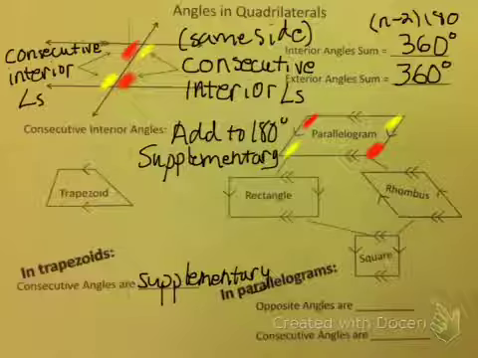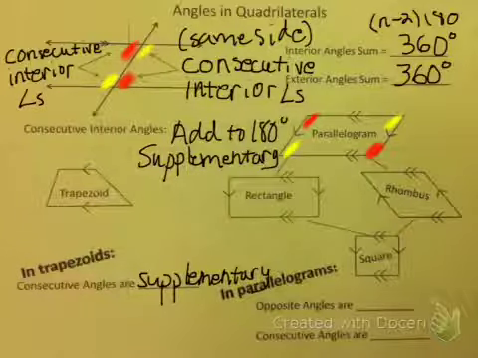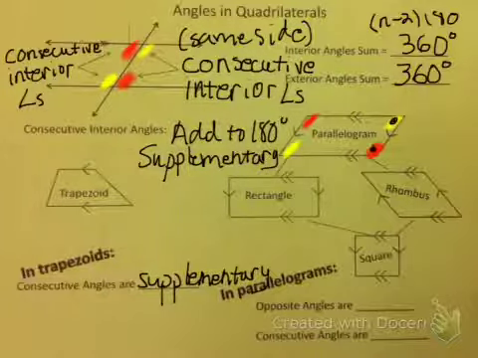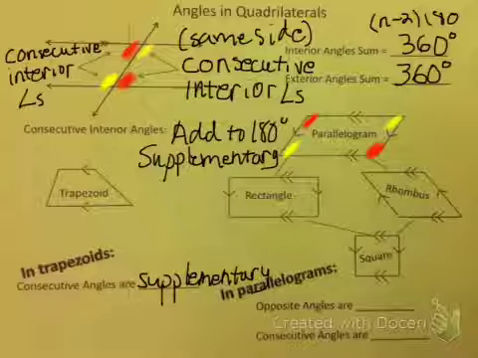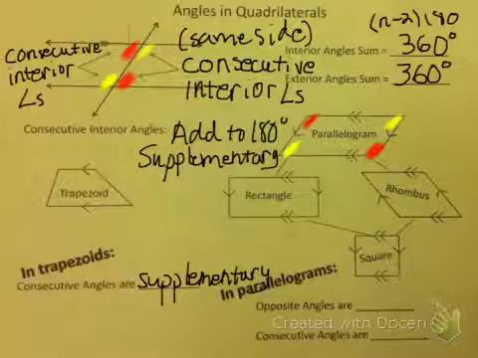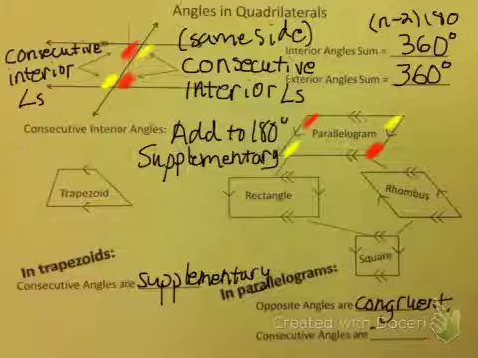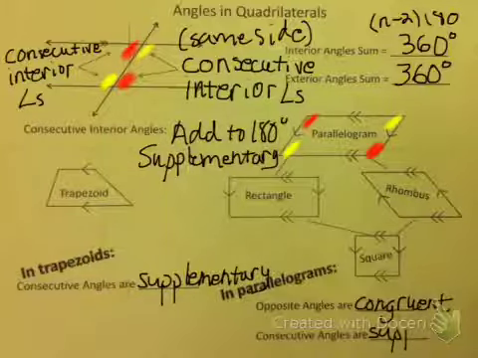Do you notice that those are also congruent? So we have some consecutive angles here and here. Don't write that down. And we also have some congruent angles that are opposite. So the opposite angles are congruent every time in a parallelogram. And the consecutive angles we already know are supplementary.